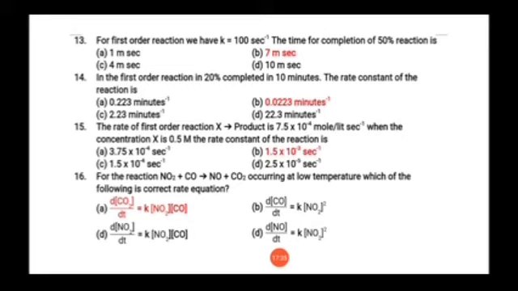So by calculating, your answer comes out to be 0.0223 minute inverse. So the correct option is option number B.